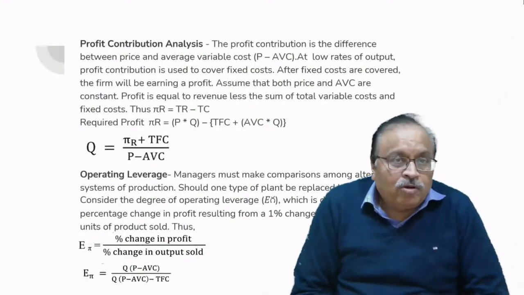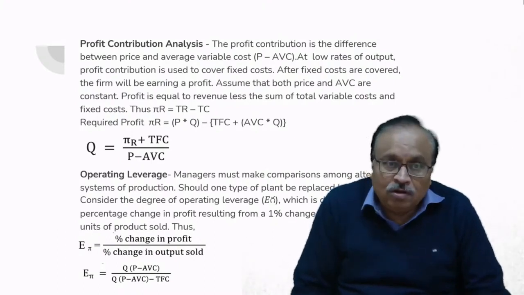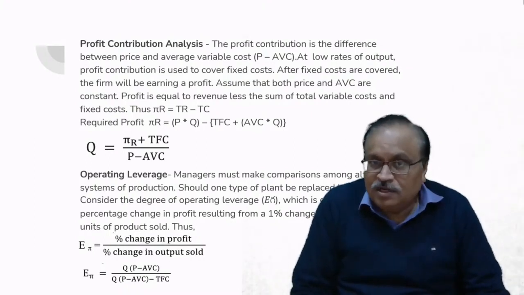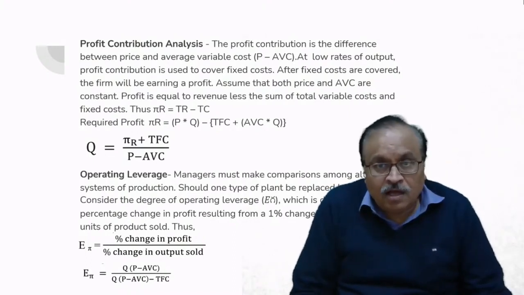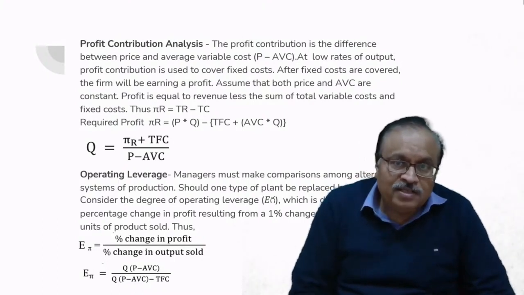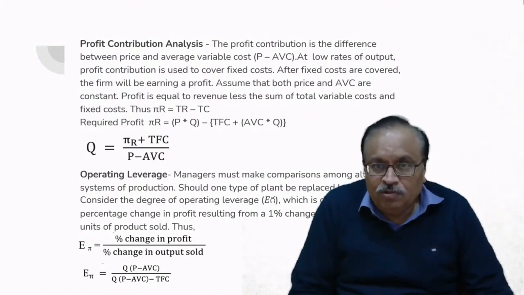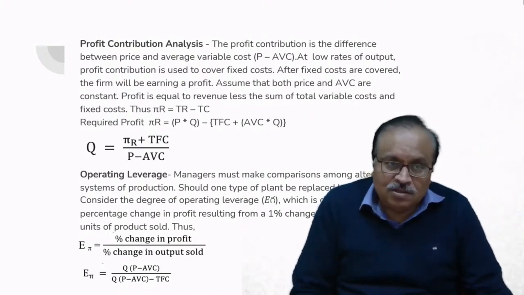Moving on to the profit contribution analysis. The profit contribution is the difference between price and average variable cost. At low rates of output, profit contribution is used to cover fixed costs. That is why it remains negative. After fixed costs are covered, the firm will start earning a profit. Assume that both price and average variable cost are constant. Profit is equal to revenue less the sum of total variable cost and fixed cost.